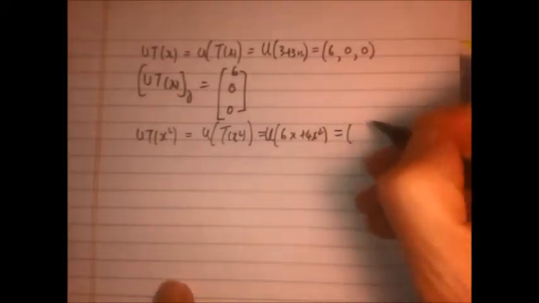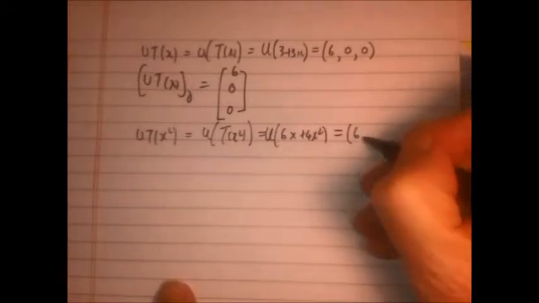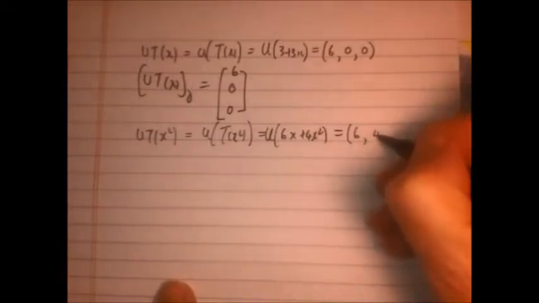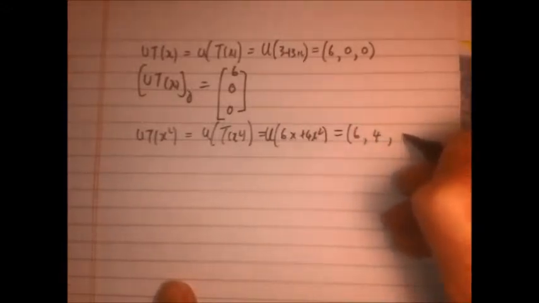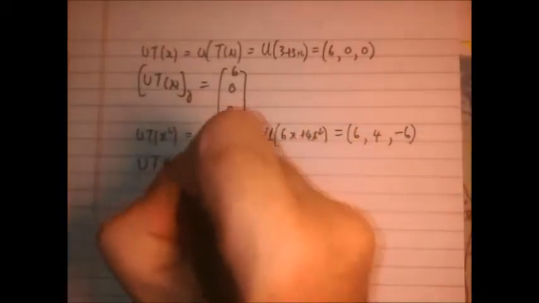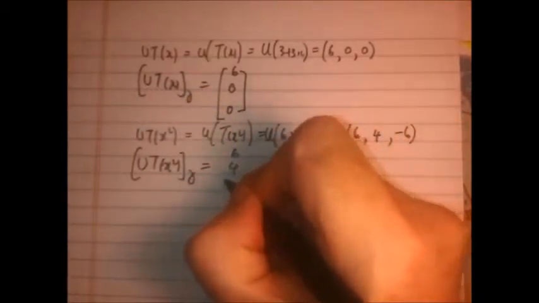So back in our original formula for U, we put a equal to 0, b equal to 6, and c equal to 4. And we get a plus b is 6, c is 4, a minus b will be minus 6, and the coordinate vector of this relative to gamma will be the vector 6, 4, negative 6.